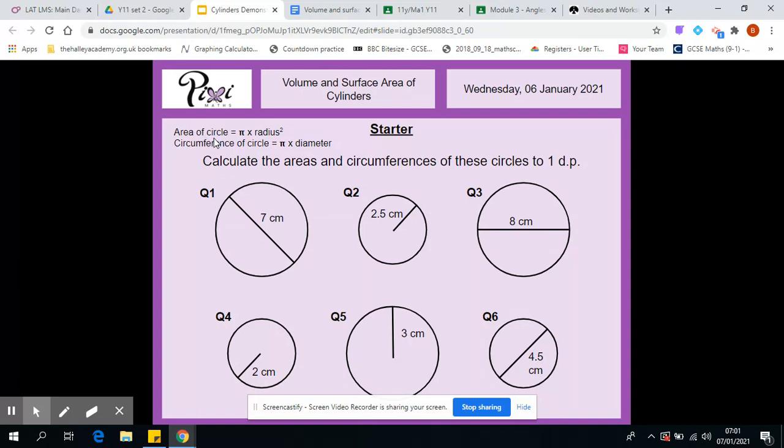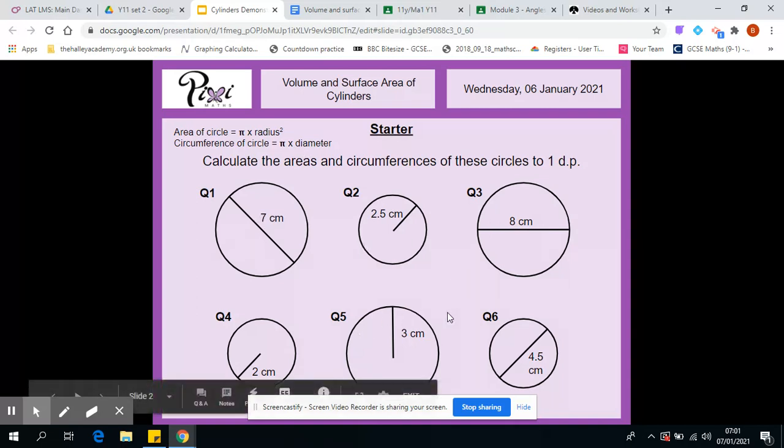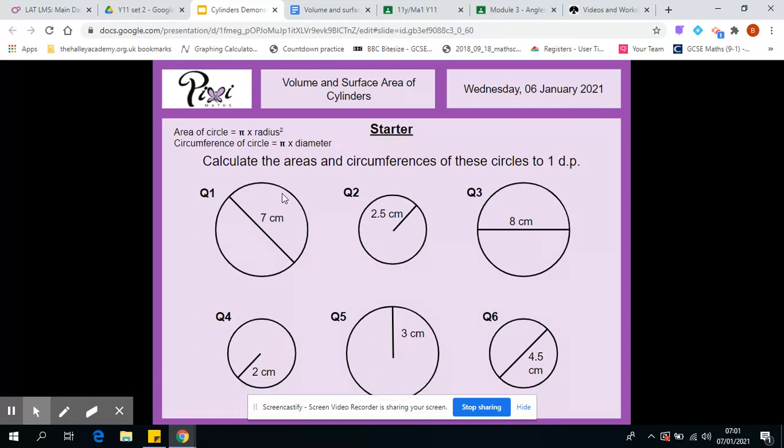Let's use the area of the circle formula, which is pi times radius squared, and the circumference of a circle formula, which is pi times diameter. Find out the area and the circumference of these circles to one decimal place using the formula.